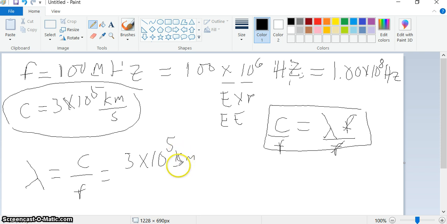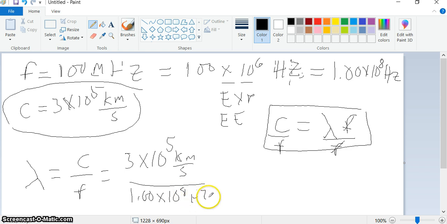That's a K per second, and that's divided by 1.00, that's just showing the significant digits, times 10 to the 8th hertz.